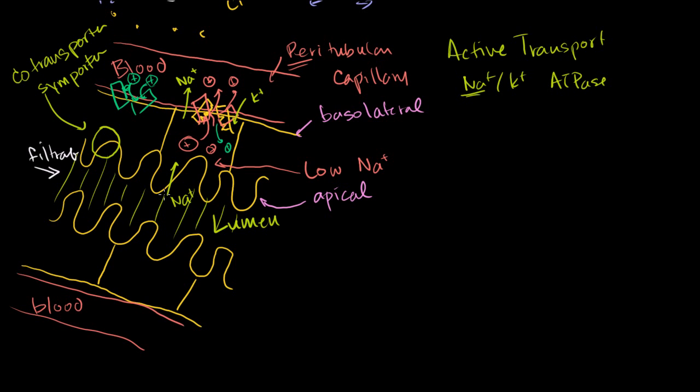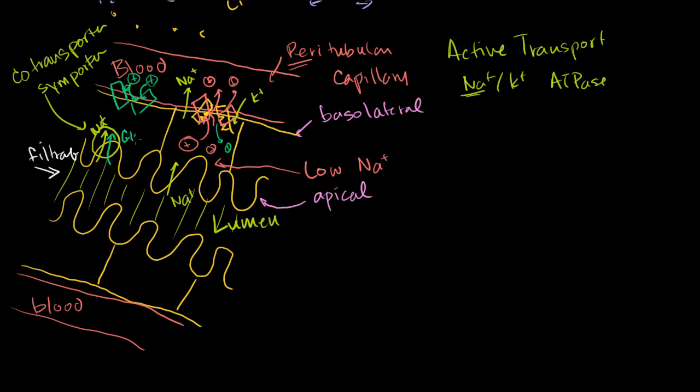What the cells do is take advantage of sodium wanting to move down its concentration gradient, which is happening because of this active transport over here.